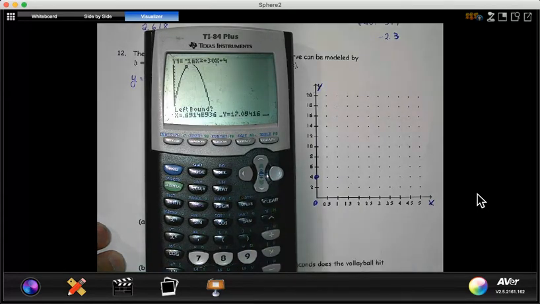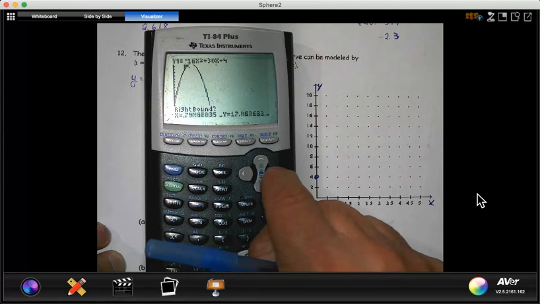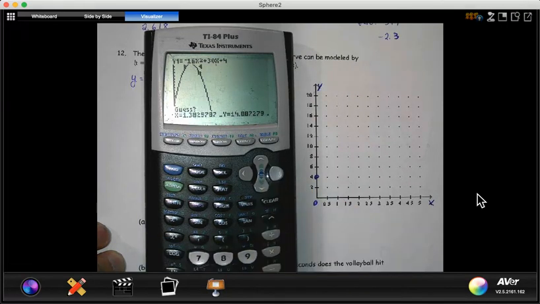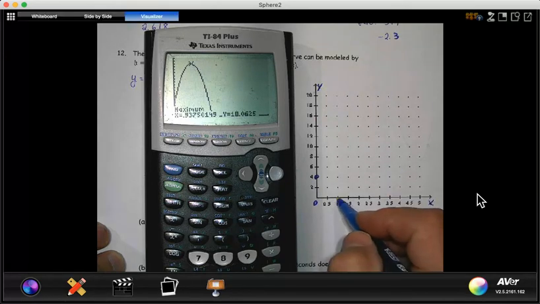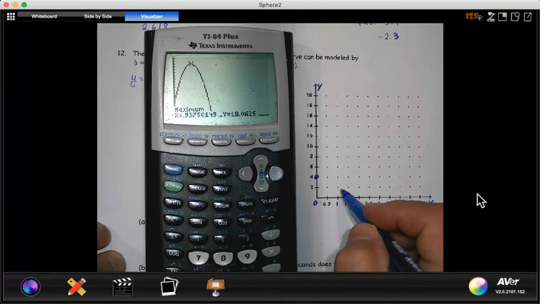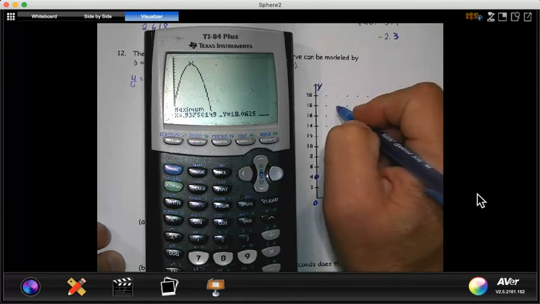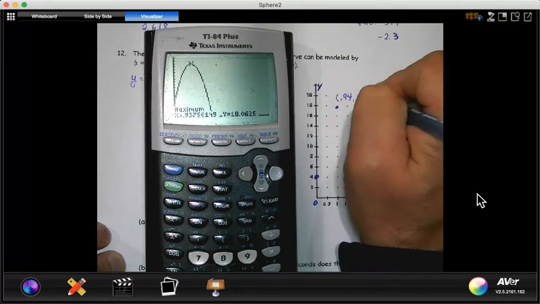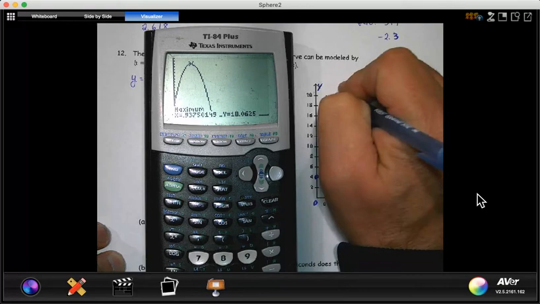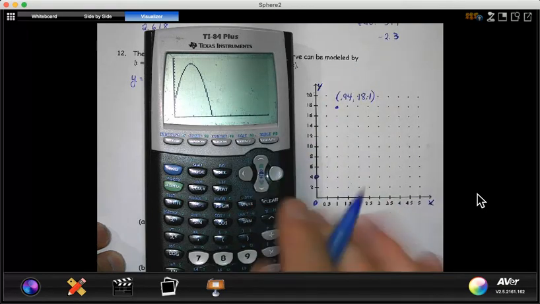So hit your left boundary, go to the right of it, hit your right boundary and then hit enter. So my maximum is at 0.94, 18.1.